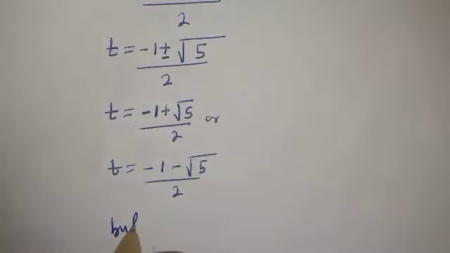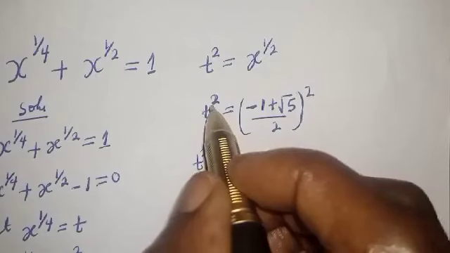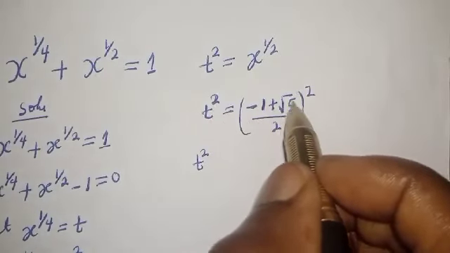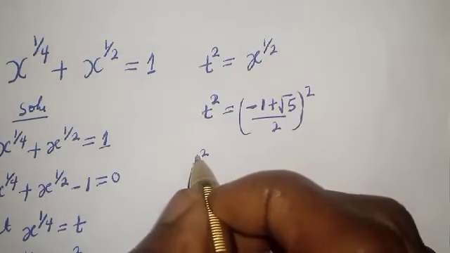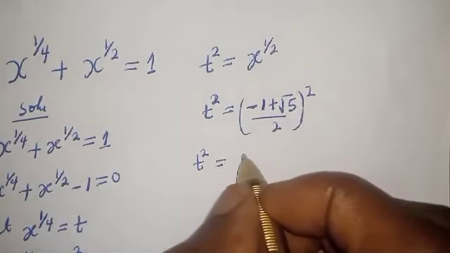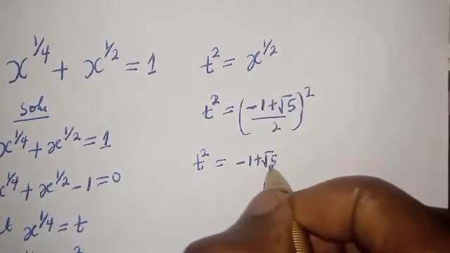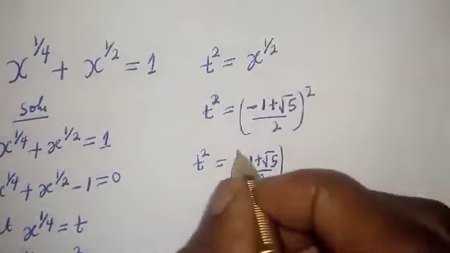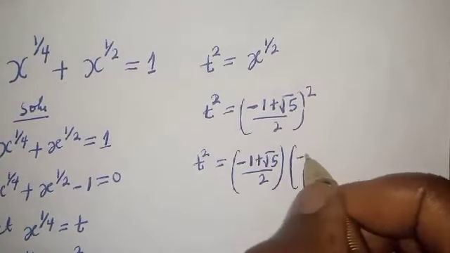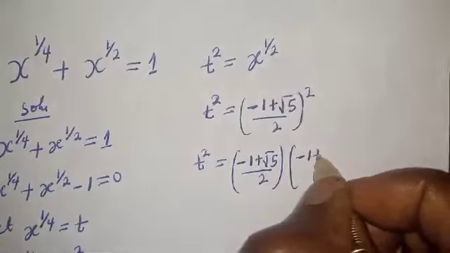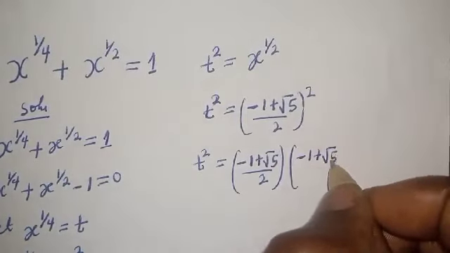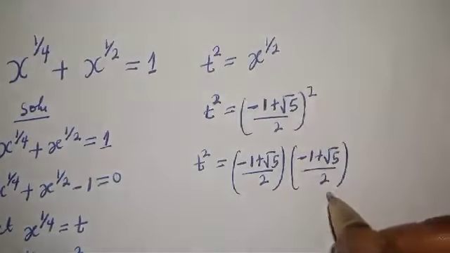But t squared is equal to x raised to power 1/2. Then let's work with this. t squared is equal to minus 1 plus root 5 over 2, squared. Then t squared is equal to minus 1 plus root 5 over 2 multiplied by minus 1 plus root 5 over 2.